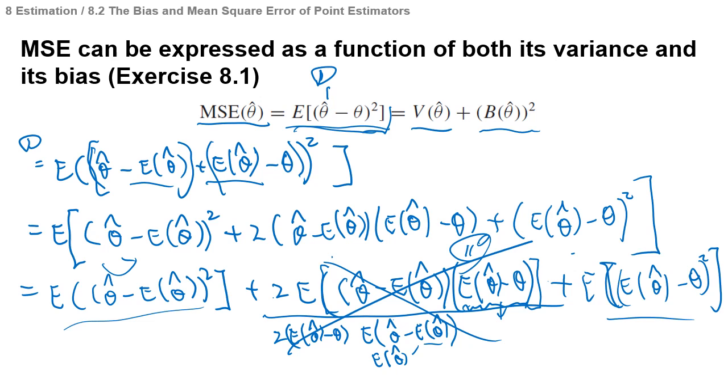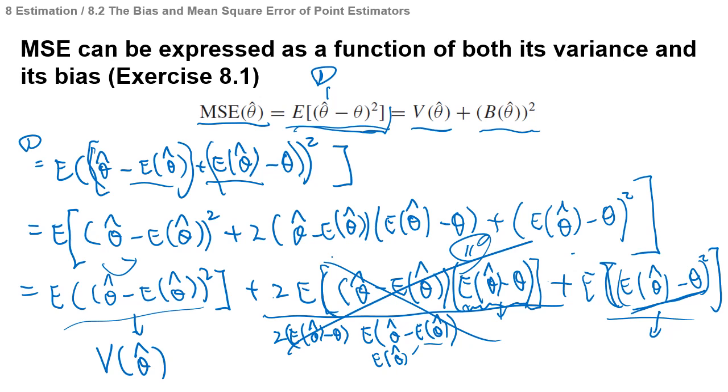What are the first term and the last term? The first term, by definition, is the variance of zeta hat. And the last term is the definition of bias, so this is bias squared.